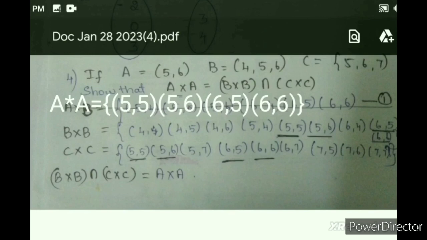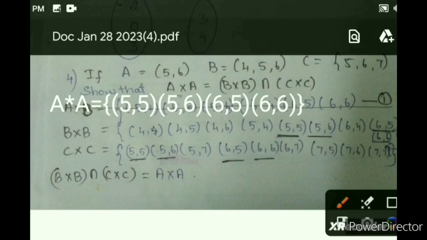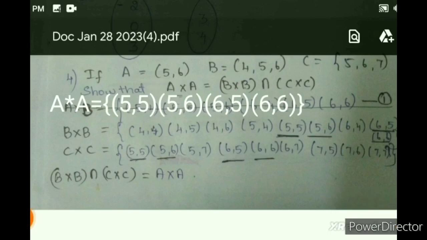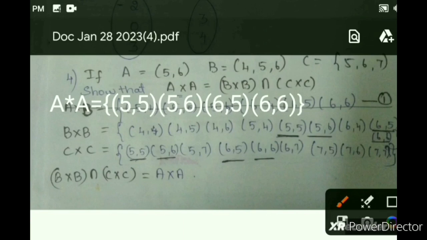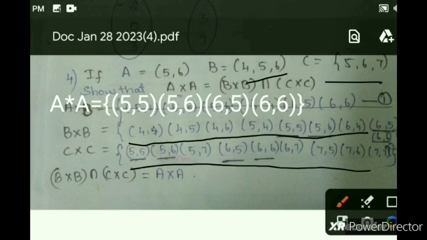So first we should find A cross A. A contains 2 elements. So 2 cross 2, we will get 4 elements for A cross A. For B cross B, B contains 3 elements. So 3 cross 3, totally we will get 9 elements here. For C also we will get 9 elements.